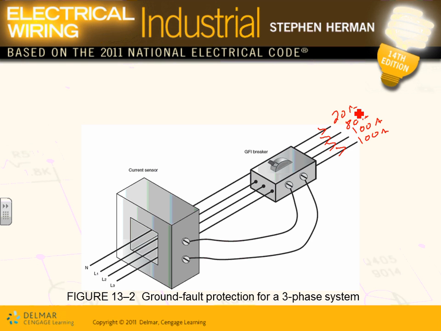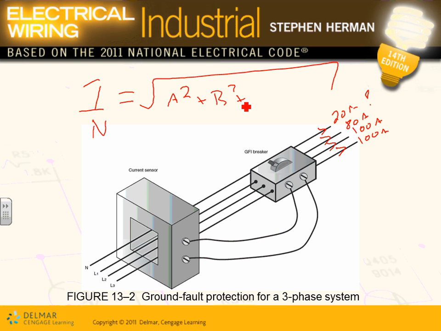So what this device does, Karen, is it looks at the current in each one of them and does the math on it, and if they don't add up, you take the neutral current, I neutral. If you remember how you do that one a long time ago, you take A squared plus B squared plus C squared minus 2AB minus 2BC minus 2CA.